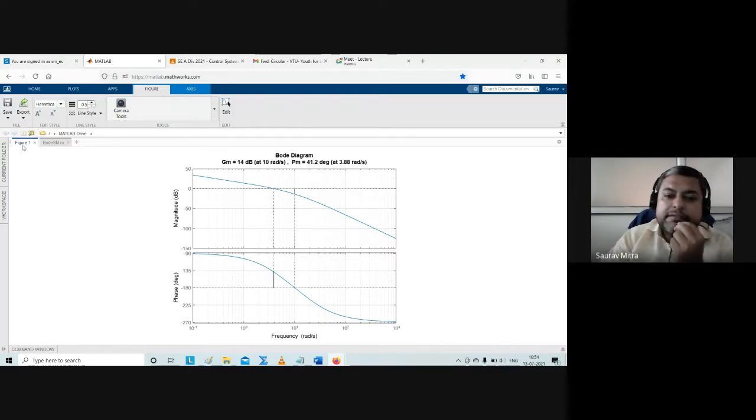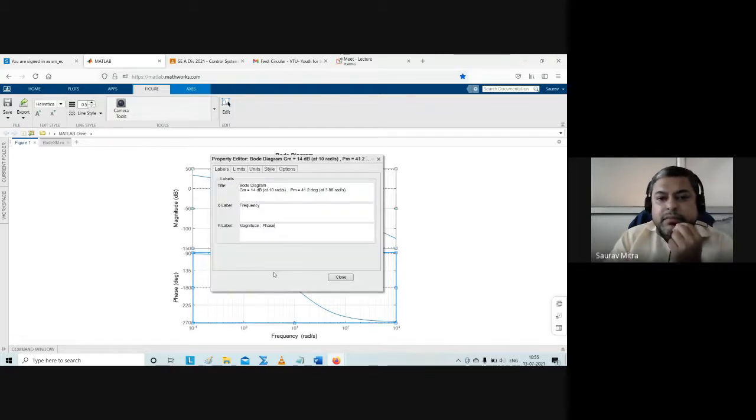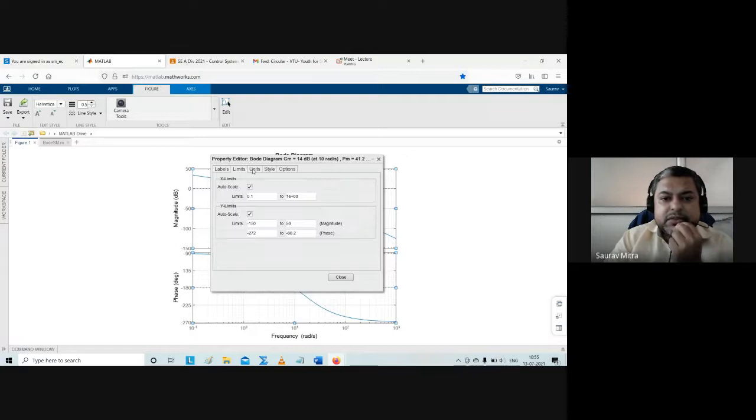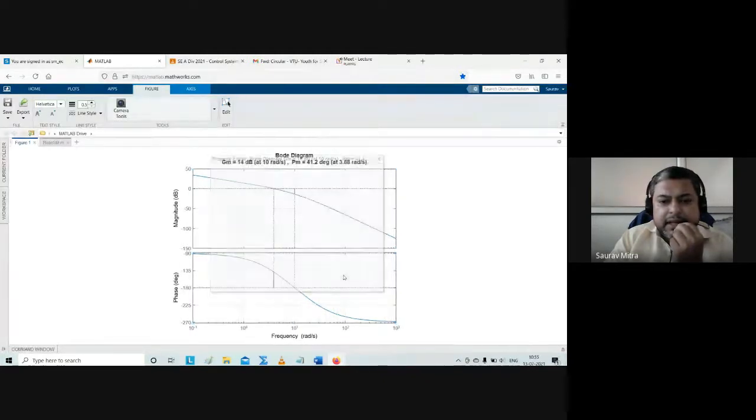Or in the graph, wherever the omega GC is, you can take your cursor and click on this, and it should show you how much is the phase. Here x-axis, y-axis limits and other things it is showing, but it is not showing phase. So you have to find it out. Just take the cursor and click at this point on the graph, and you have to tell me how much is the phase.